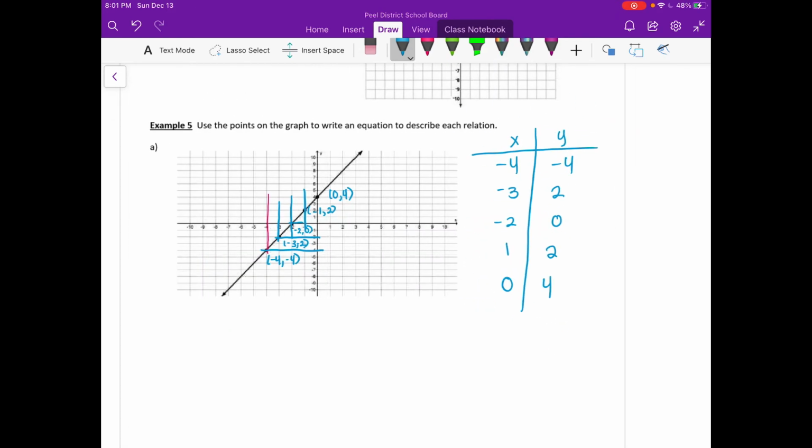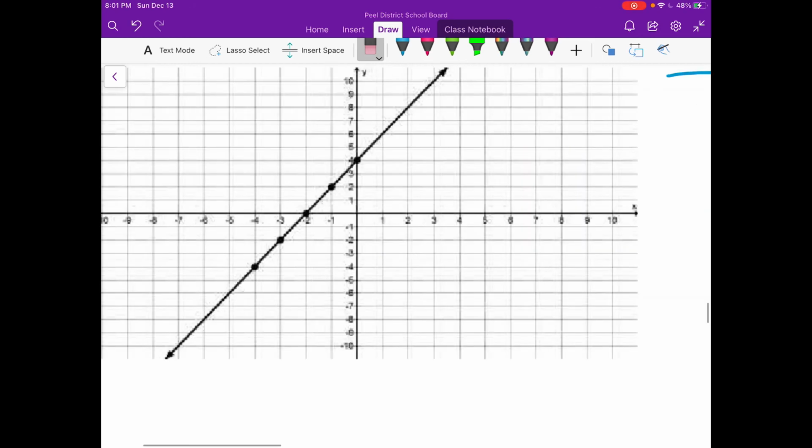So it says, use the points on the graph to write each equation to describe each relationship. So how are these actually changing? So look here, right? We seem to be going up by 1, 2, and over 1. We're going up by 1, 2, 1, 2, and over 1. 1, 2, and over 1, right?